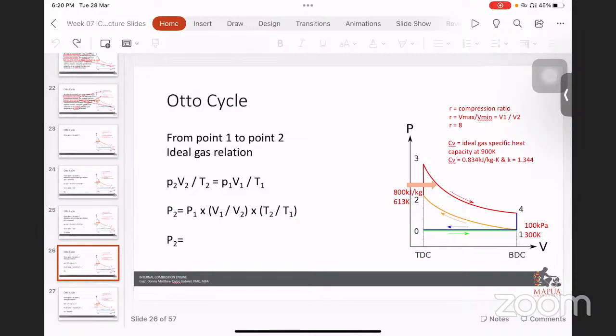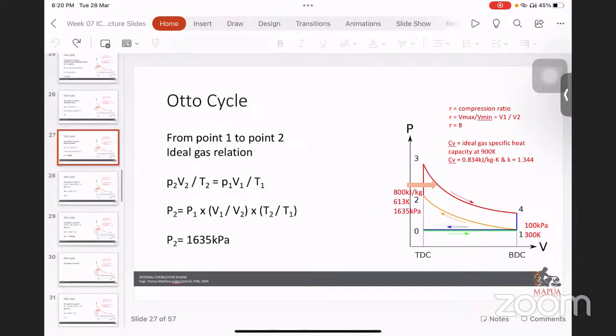Meron kang P1 tsaka T1. Meron kang T2. Wala kang P2. Pero yung V1 tsaka V2 mo is, again, compression ratio. So you'll be able to calculate for P2, which is 1,635 kilopascal. Next.